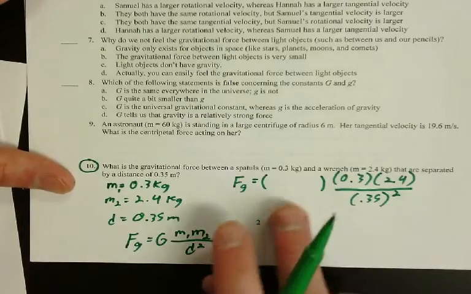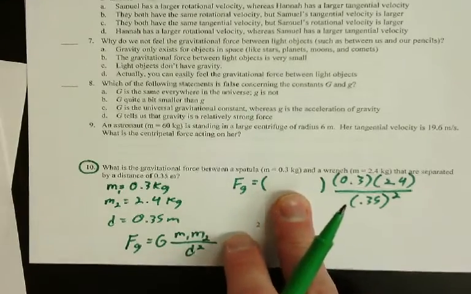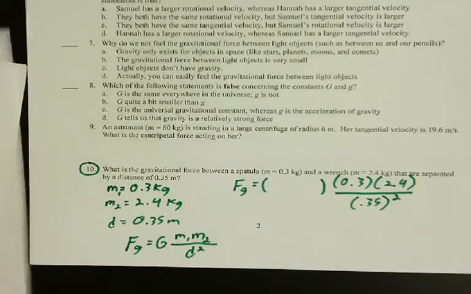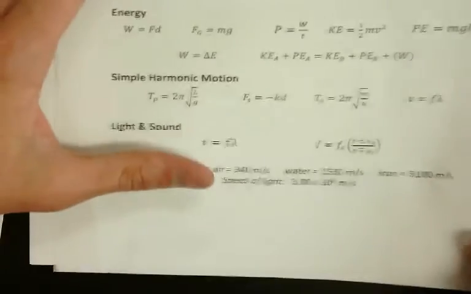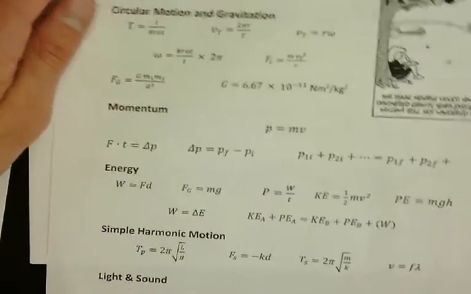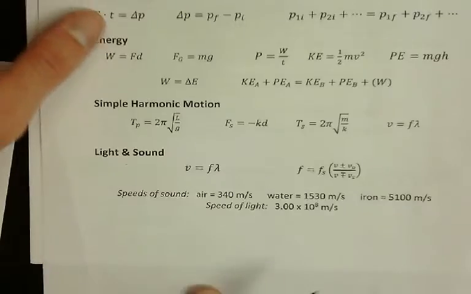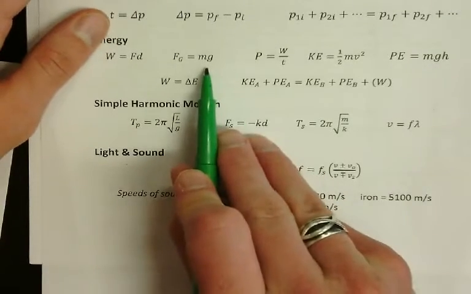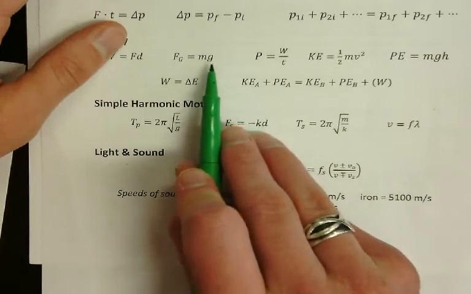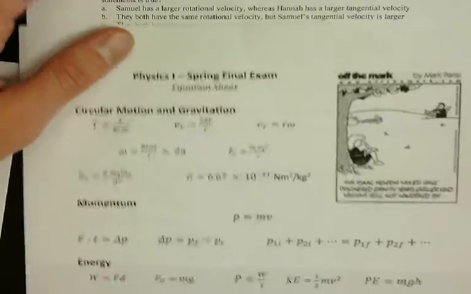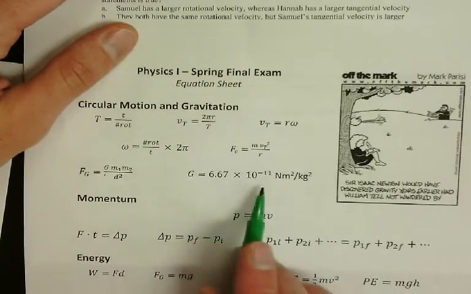So a lot of people plugged in 9.8 for big G. And I want to make sure to point out to you that there's a difference between big G and little g. So little g is 9.8. Big G is this big nasty guy.